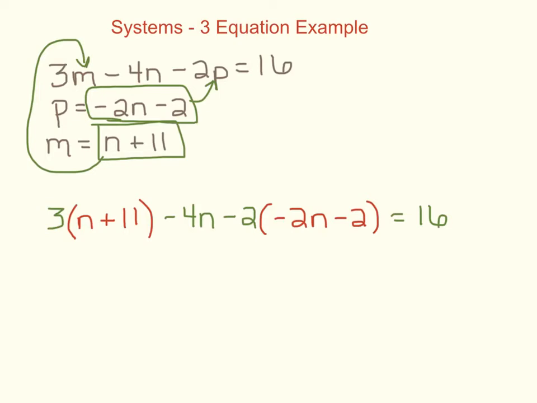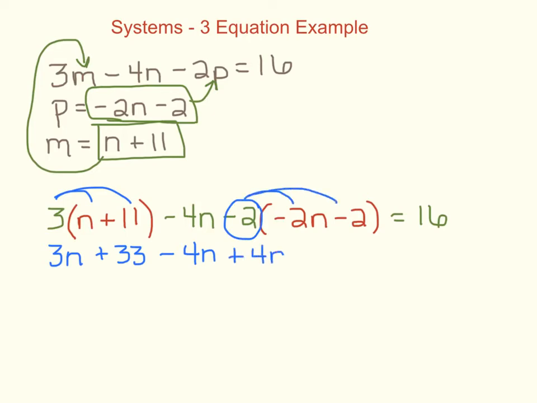I'm going to distribute that 3, so that's going to give me 3n plus 33 minus 4n. And then this, remember this is a negative 2 when I distribute it. So that's going to give you a positive 4n and a positive 4 equal to 16.